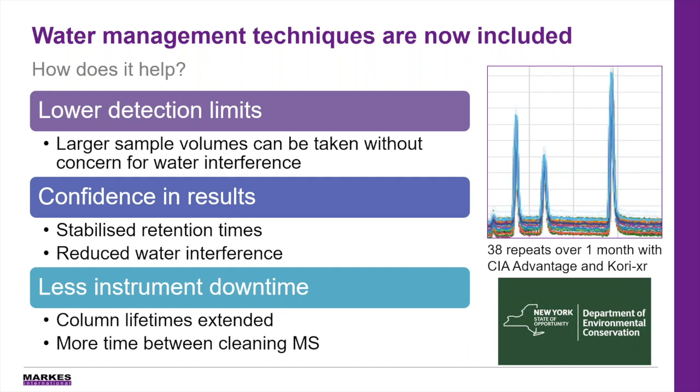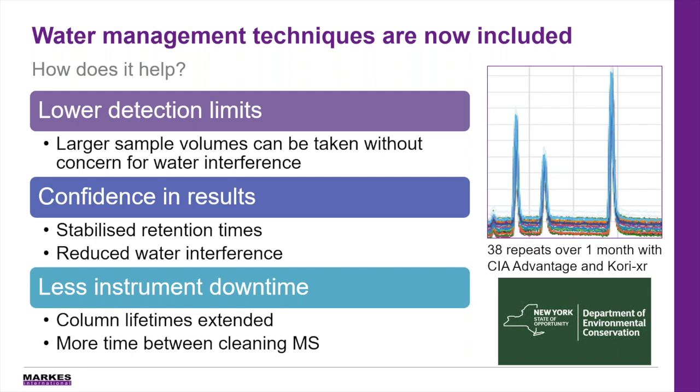And if you're taking a larger sample volume, you now need to be a bit more concerned about your water as well. More sample definitely means more water. So removing that water removes an interference at that stage. So that means we can reach lower detection limits with larger sample volumes without a lot of hassle.